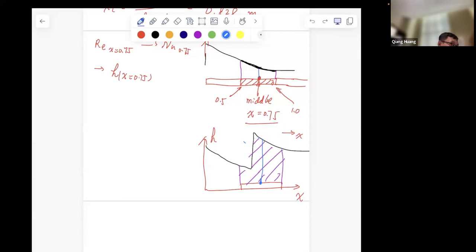And if your black line goes the other way, you also have a transition.